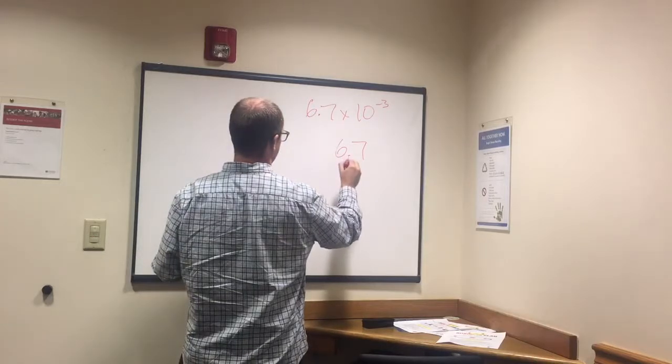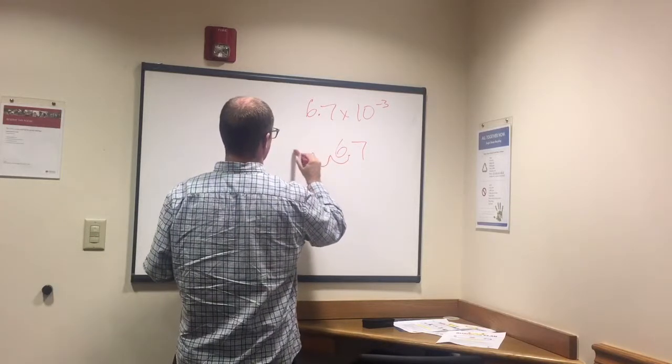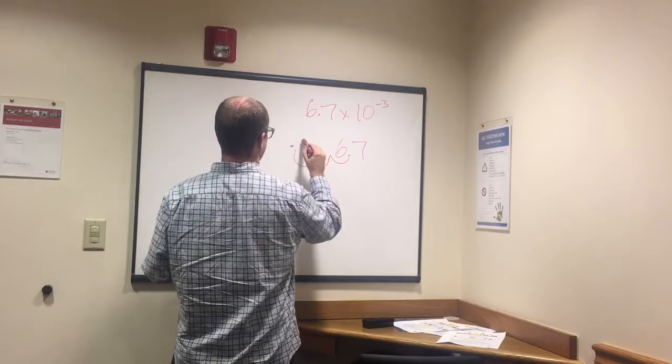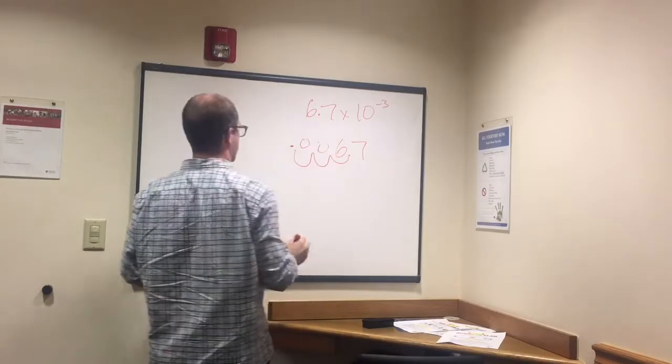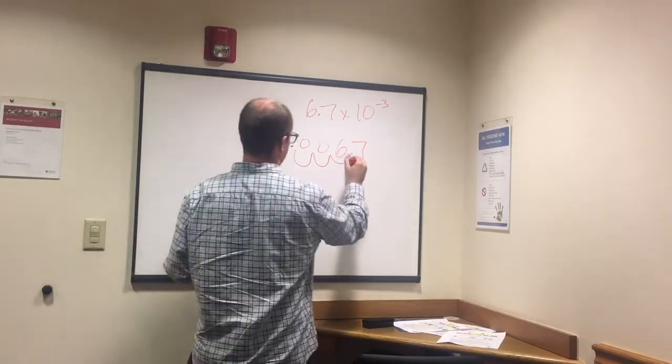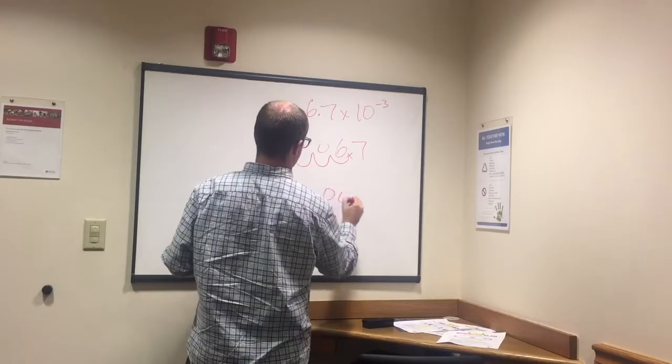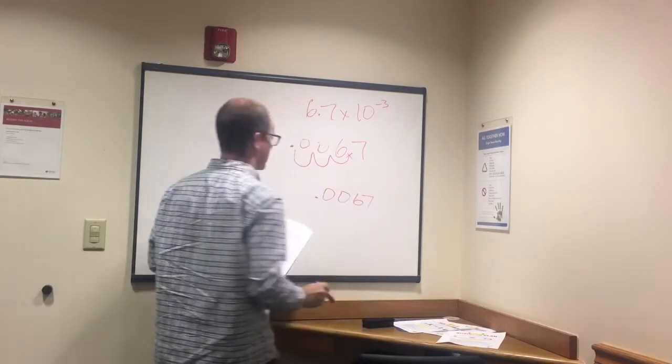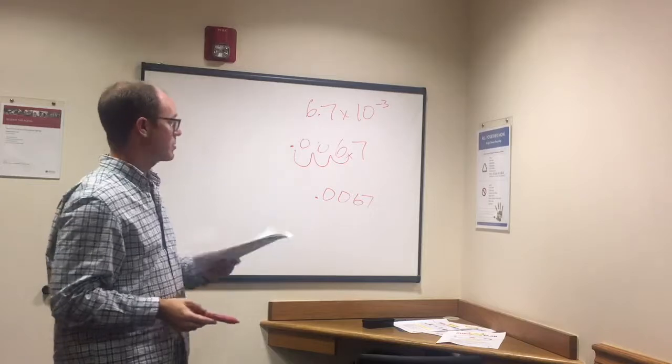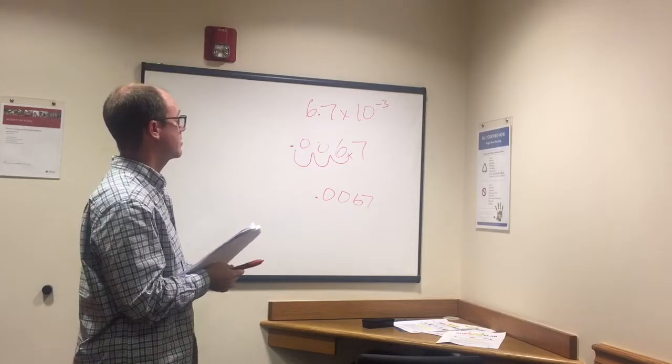So 1, 2, 3, and put a decimal place there. So you got 2 zeros, get rid of that guy. We have 0.0067. That's how we do 6.7 times 10 to the negative 3.